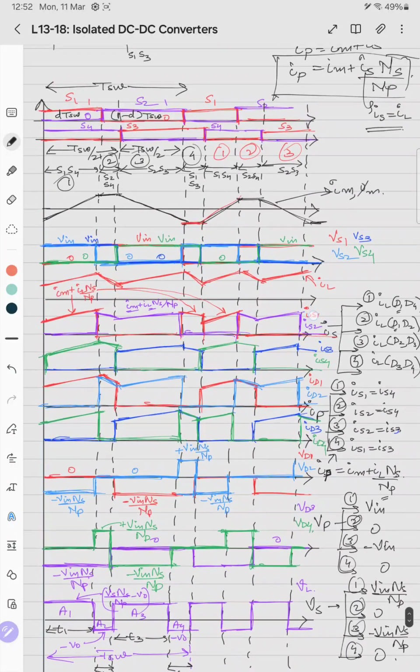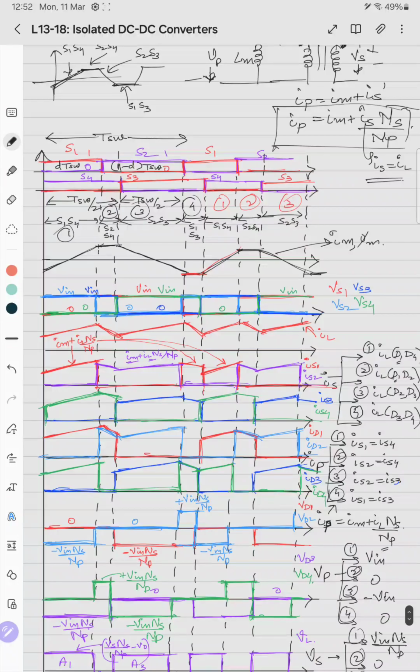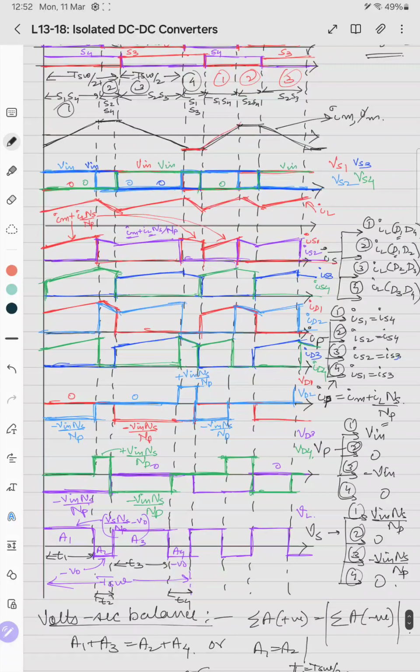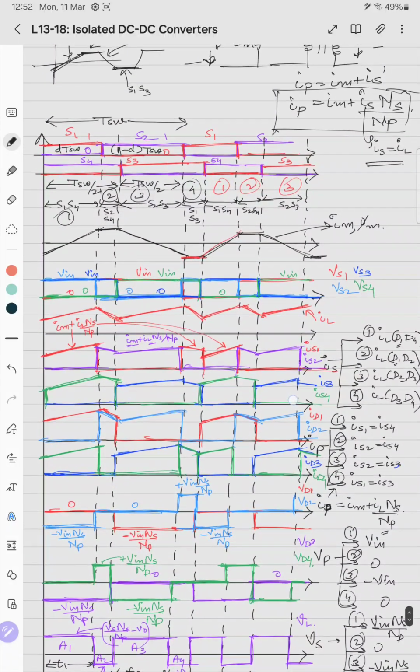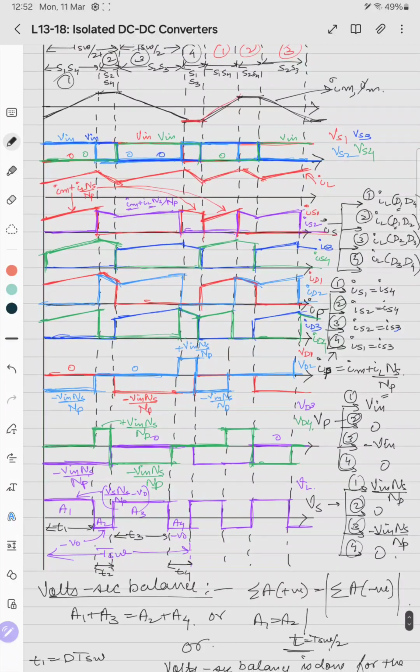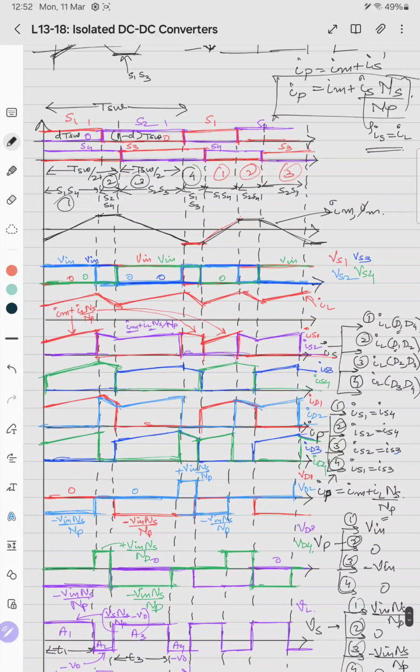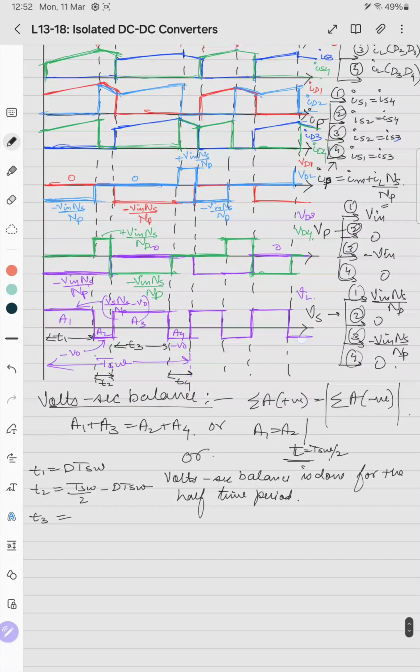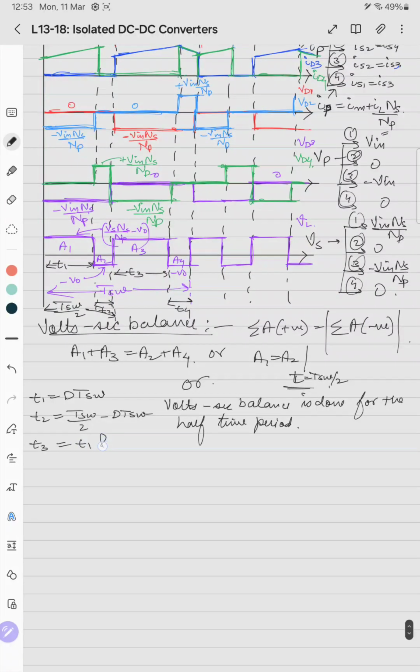Then T3 becomes T switching by 2 minus, so if this was T switching by 2, this is T switching by 2 from here to here. So again this will become T switching by 2. So T3 will be equal to T1 and T4 will be equal to T2 due to symmetry.